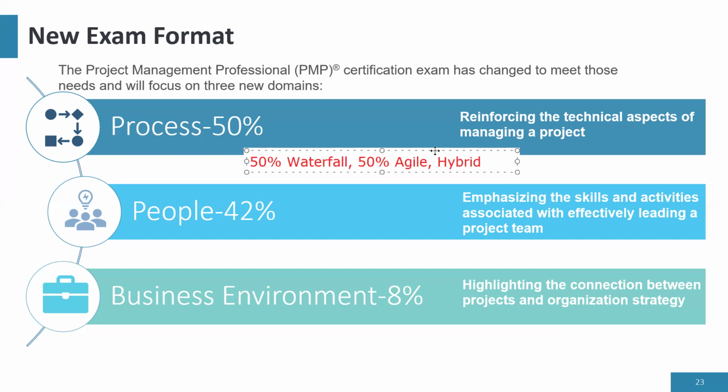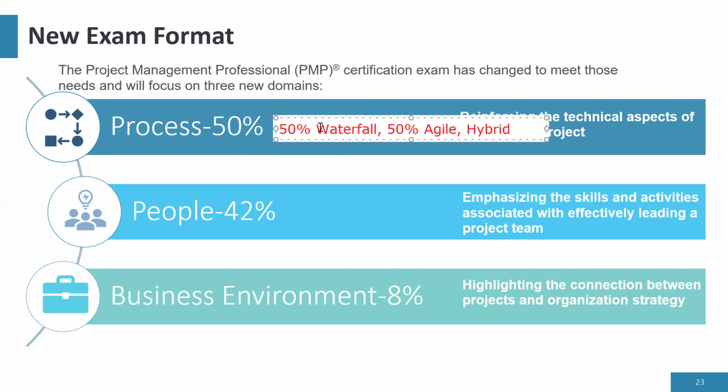So how does this work, right? So this is how it works. You put this into every domain. So that means 50% of your questions will be based on processes, right? That means out of that 50%, 25% of the questions on processes will be on waterfall, and 25% of the questions will be on agile and hybrid.